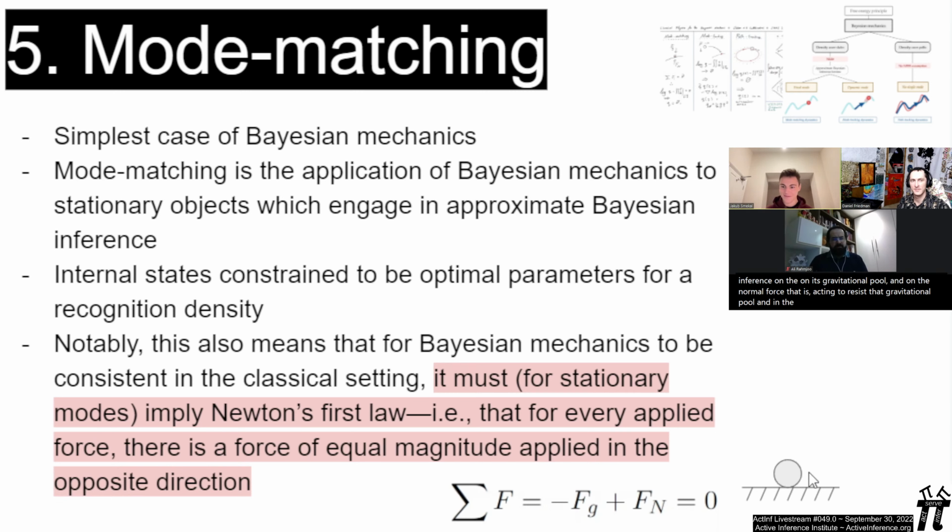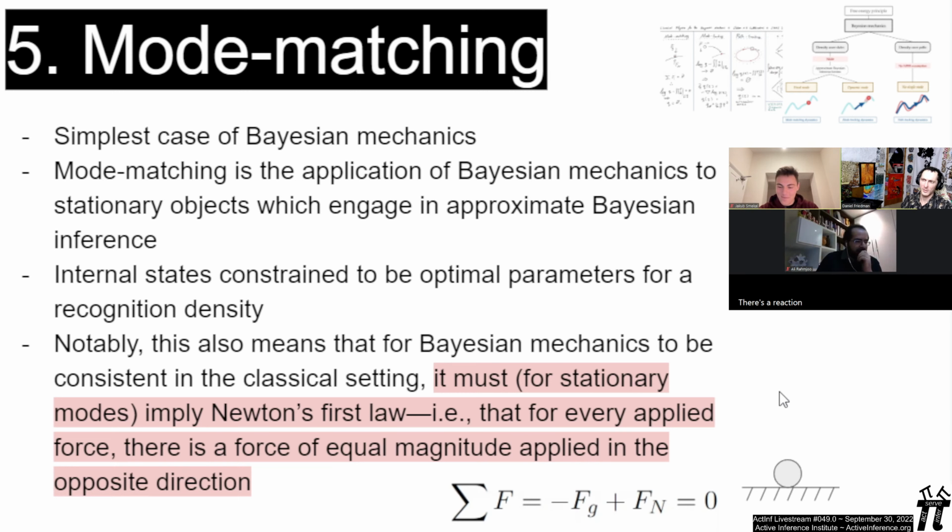And in the Bayesian mechanical sense, if it wouldn't do that, that would be surprising, and therefore it wouldn't be a ball because it would fail to act within the confines of the environment. And therefore, in mode matching, Bayesian mechanics does reduce to, or rather imply, Newton's first law, where for every applied force, there is a force of equal magnitude applied in the opposite direction, or for every action, there's a reaction.